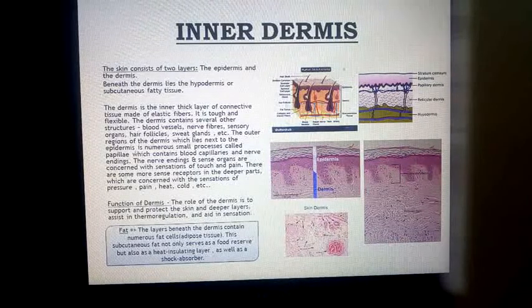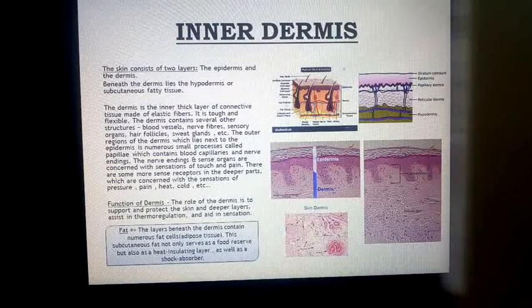The nerve endings and sense organs are concerned with the sensation of touch and pain. There are some more sensory receptors in the deeper parts which are concerned with the sensation of pressure, pain, heat, cold, etc. So now by this you understand all these sensory things happen in the dermis, due to papillae and sensory receptors.